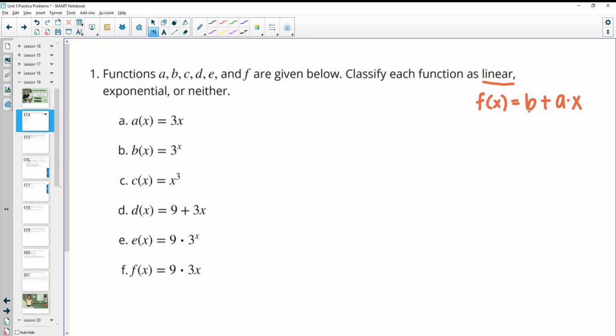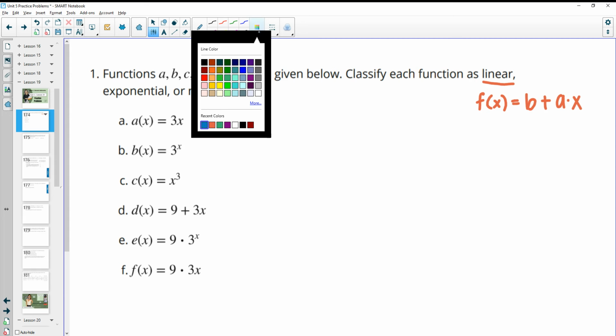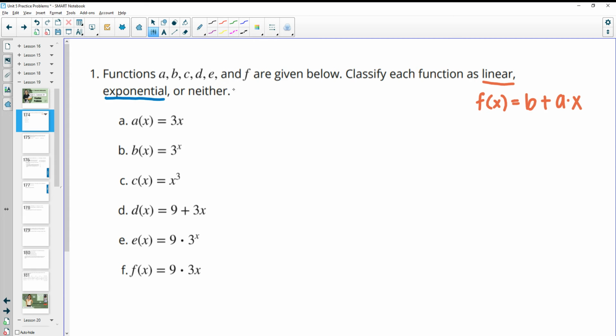Okay, so it's going to be in this form, b plus ax. And an exponential function is in the form of an initial value times some growth factor to the x power. And then you could have stuff added or subtracted outside of it as well if you wanted.